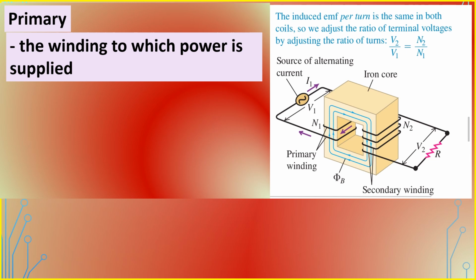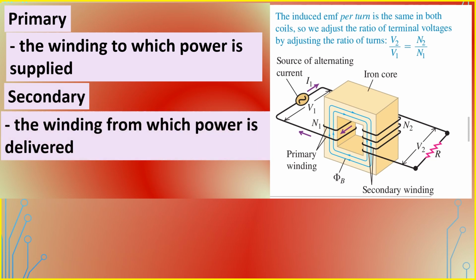By choosing the appropriate turns or turns ratio N2 over N1, we may obtain any desired secondary voltage from a given primary voltage.